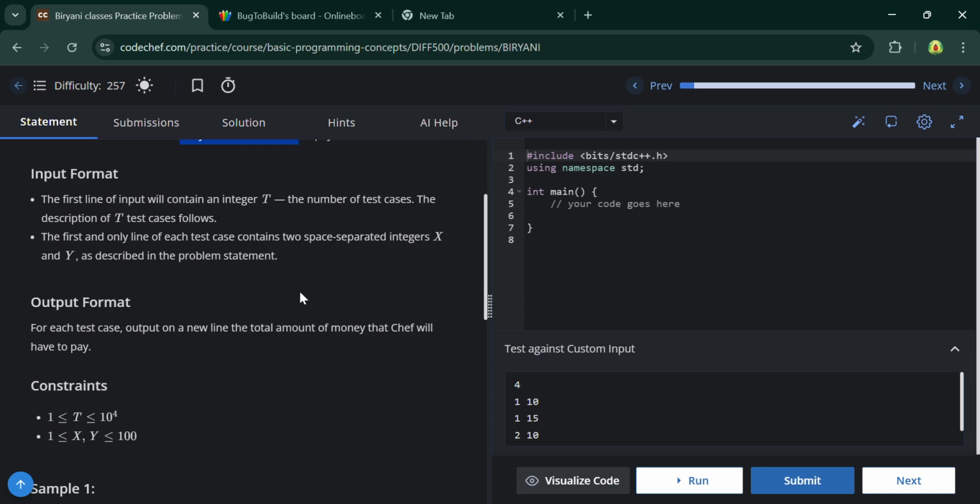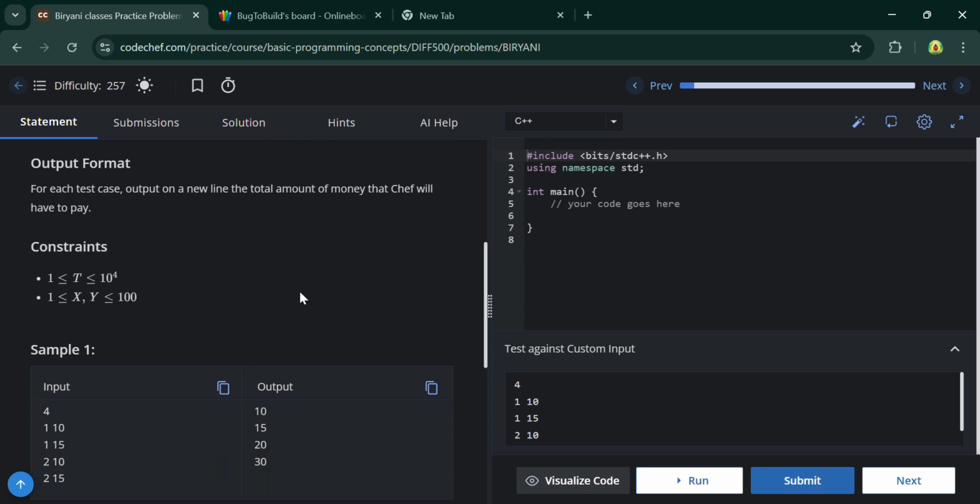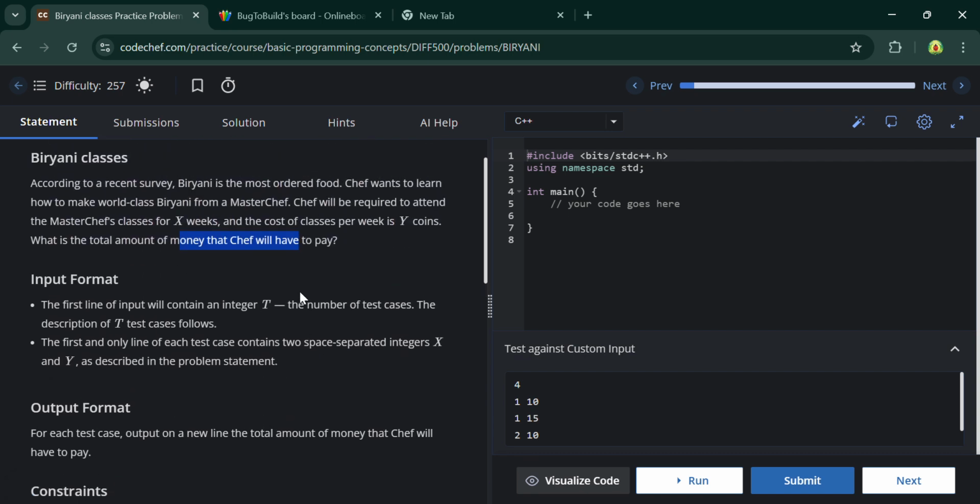Okay, so in this question there is a story given about biryani, that biryani was the most ordered food.